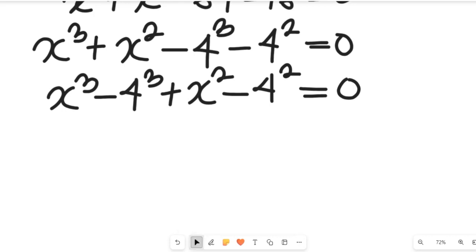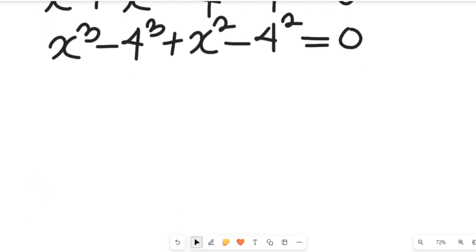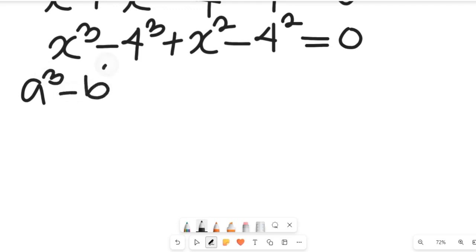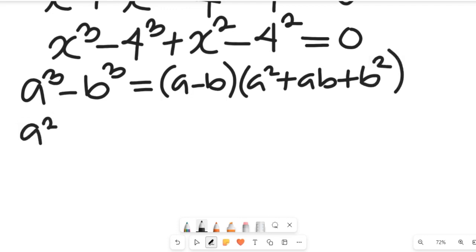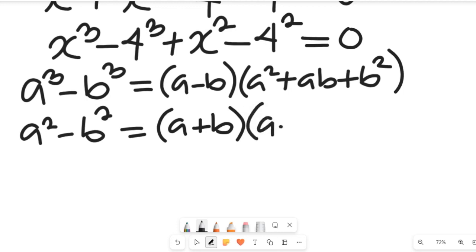Now, if we solve this equation, we should be able to get the other quadratic equation that will give us a unique solution. Remember that from this algebraic expression, a to the power of 3 minus b to the power of 3 is equal to a minus b, and then we'll have a square plus ab, and then plus b square. And a square minus b square is equal to a plus b, and then we'll have a minus b.